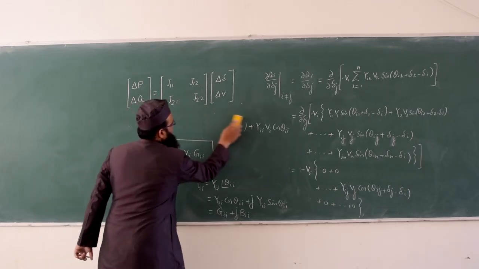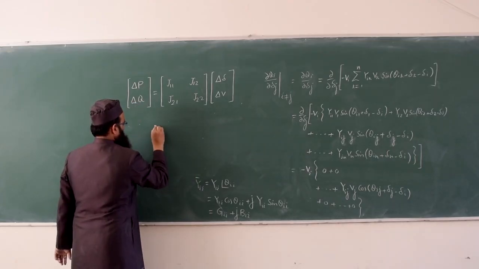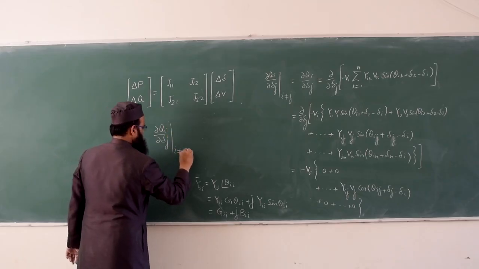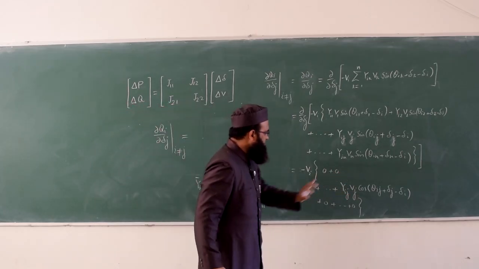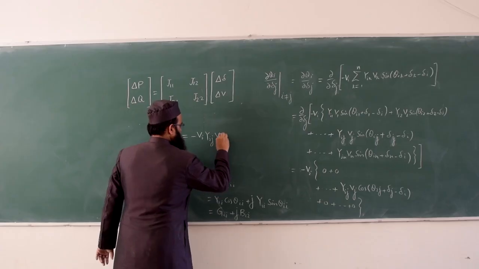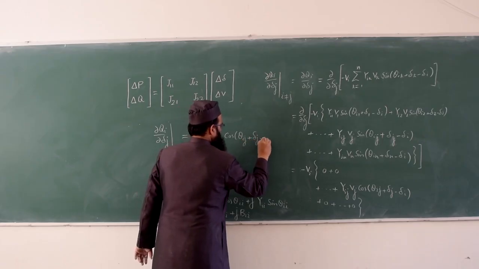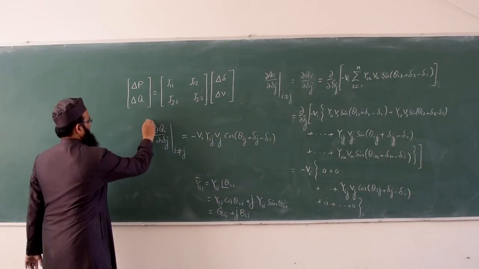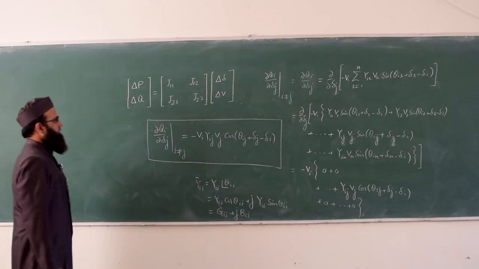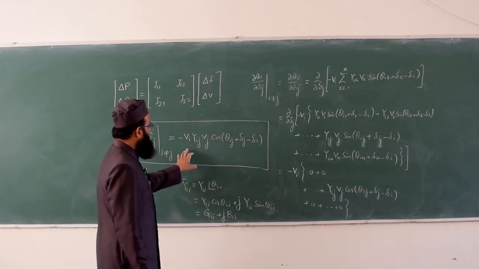So, we will get del Qi corresponding to J21, del Qi upon del delta j, condition is I is not equal to j, will be equal to minus Vi times this, minus Vi Yij Vj cosine of theta ij plus delta j minus delta I. Next, we will write del Qi upon del delta j for I not equal to j can be easily evaluated.